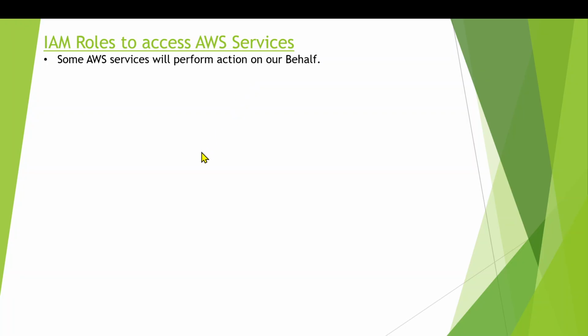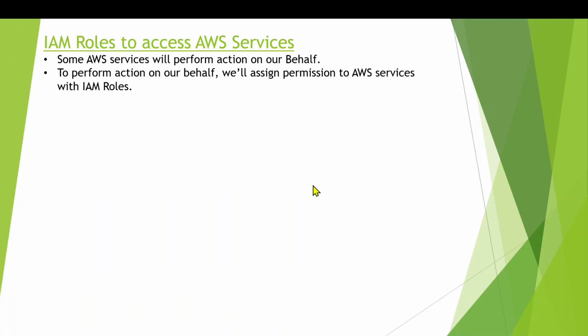Let's say some AWS services, as an example EC2, perform actions on our behalf, on an individual person's behalf. To perform this action, we'll create a role and assign a permission.